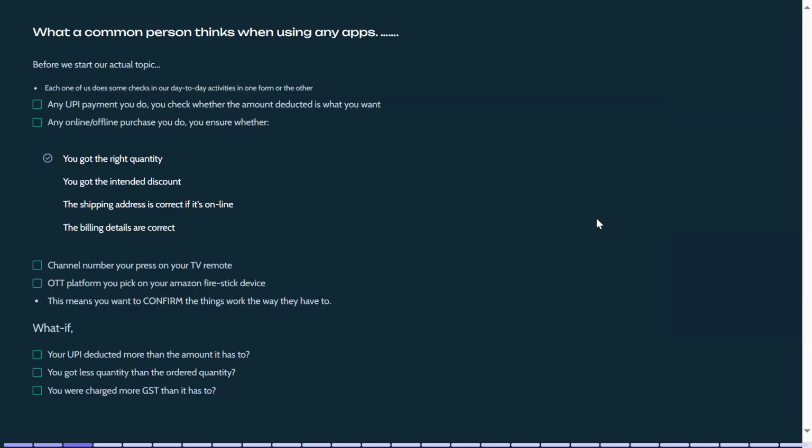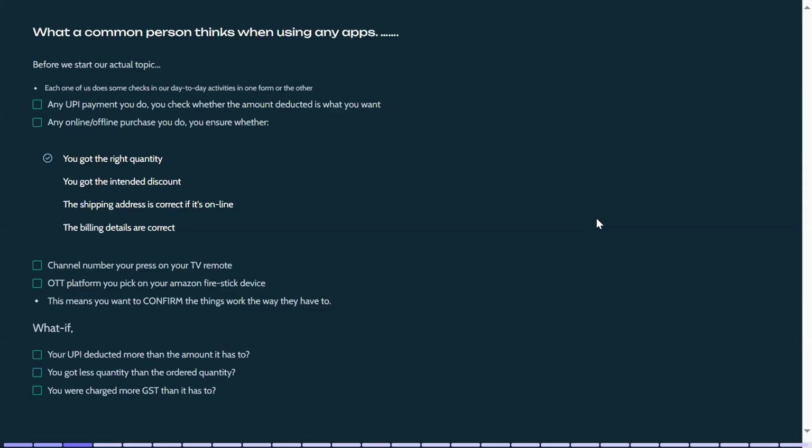What does a common person think when using any app? Before diving into our main topic, let's consider what everyday users expect from the applications and services they use. You are using multiple applications every day, right?